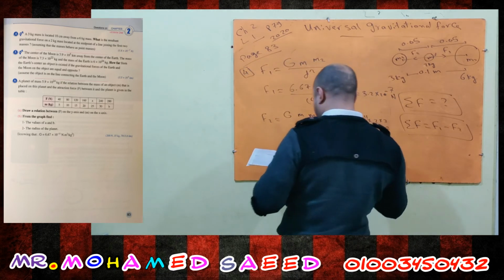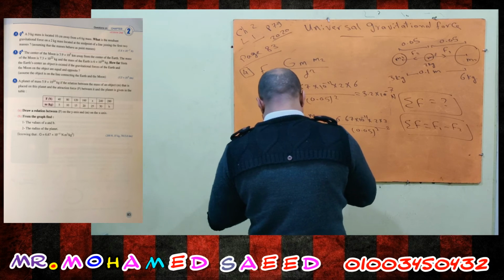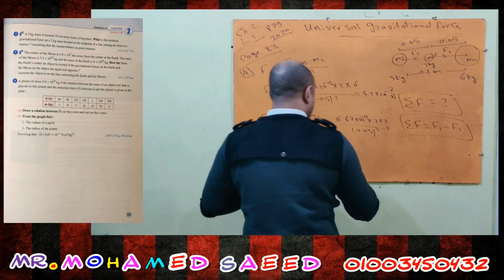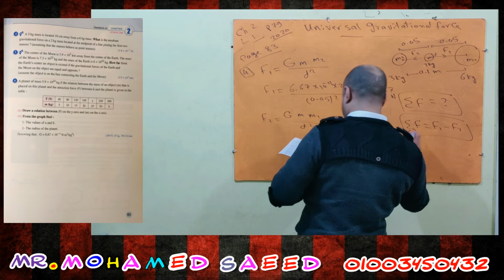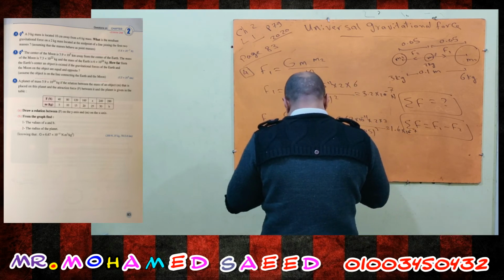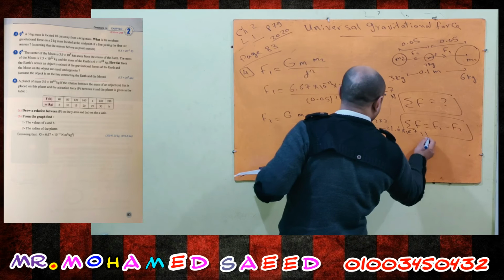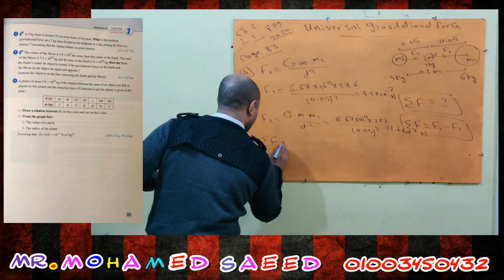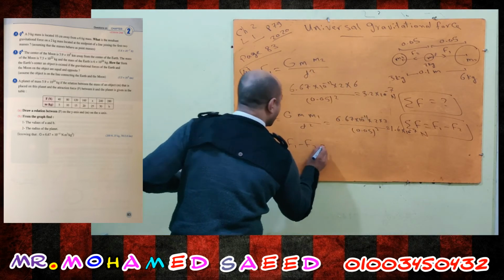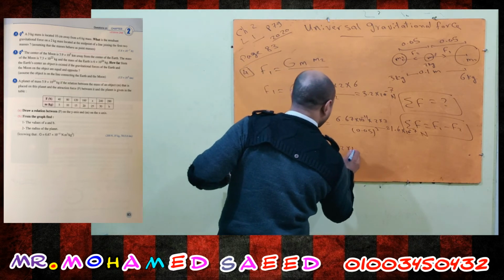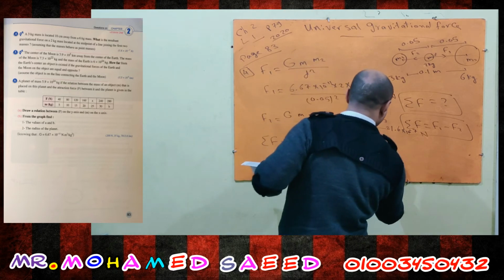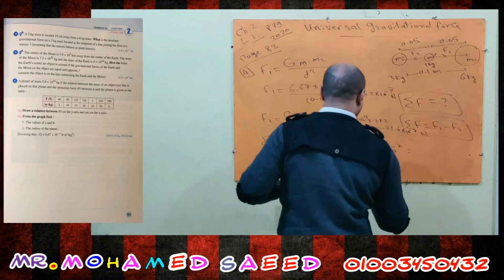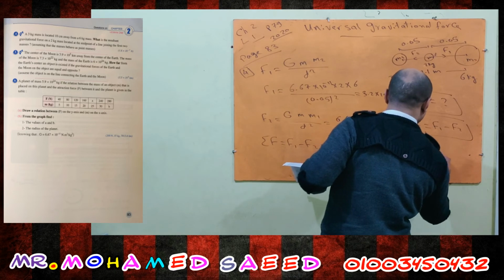And this force equals 1.6 times 10 to the power negative 7 Newton. So summation F equals F1 minus F2 equals 3.2 times 10 to the power negative 7 minus 1.6 times 10 to the power negative 7. By subtracting, equals 1.6 times 10 to the power negative 7.